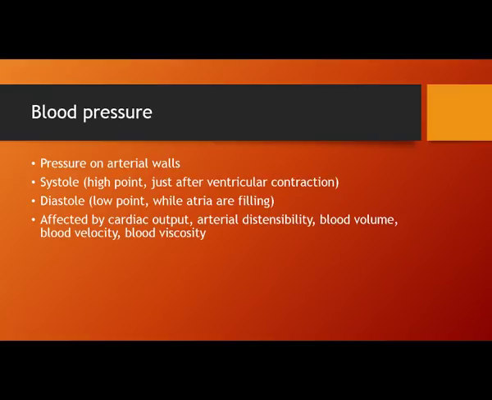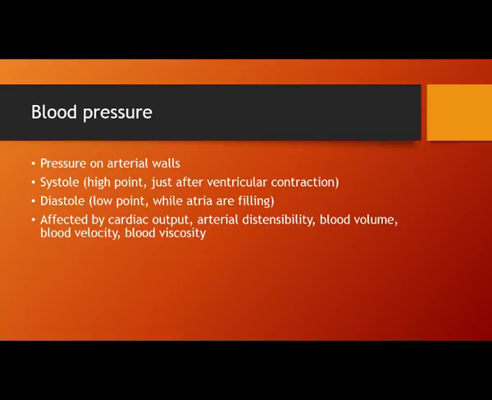If you were feeling on that radial artery, you would feel a pulsation, and that would be the time for systole, and then diastole would be the time when you don't feel anything.